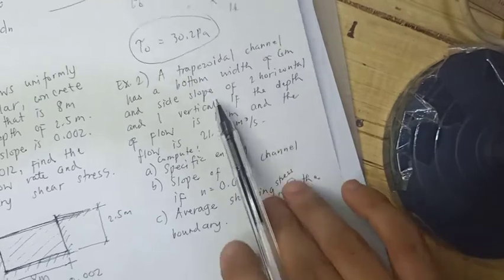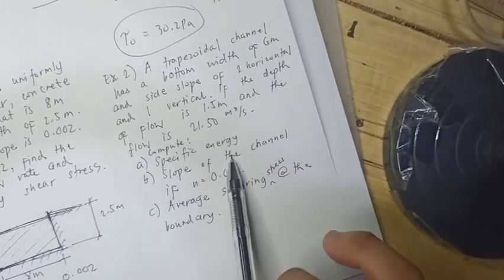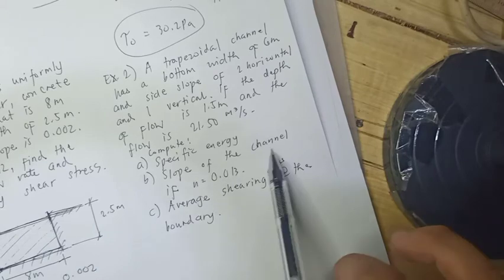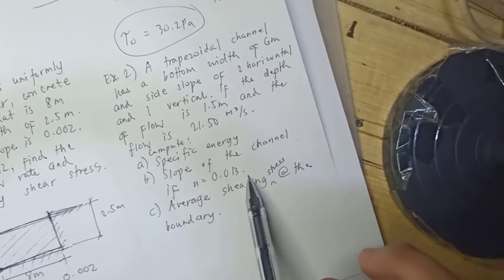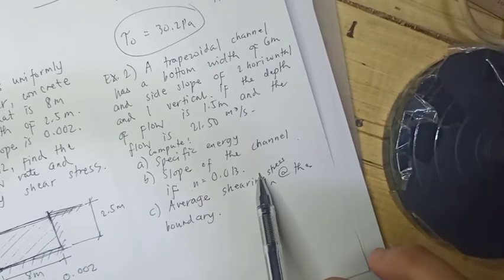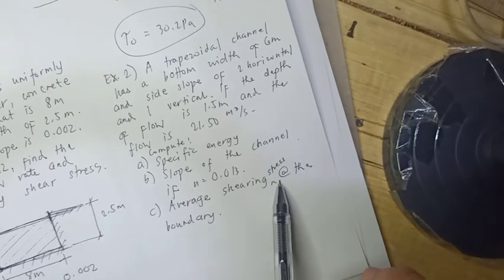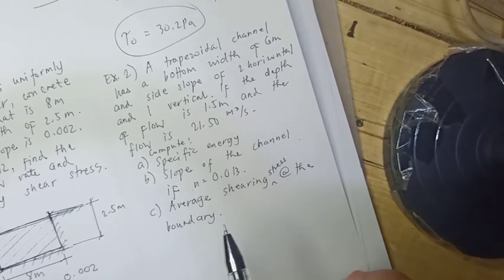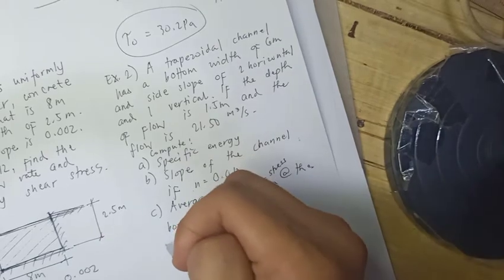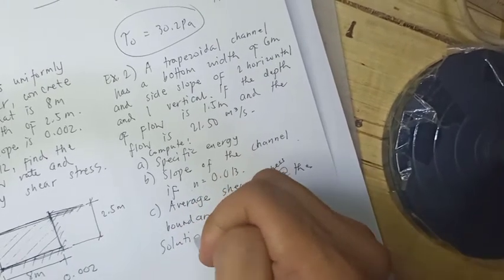So, we are asked to compute first the specific energy. Next, slope of the channel if the roughness coefficient is 0.012 or 13. Average shearing stress at the boundary. Solution ito, no? Solution.